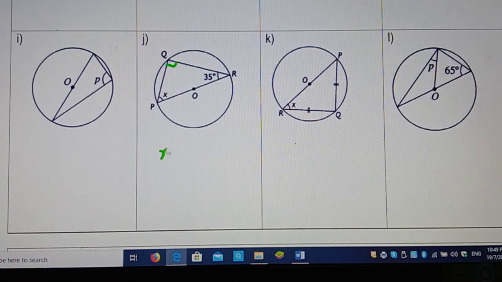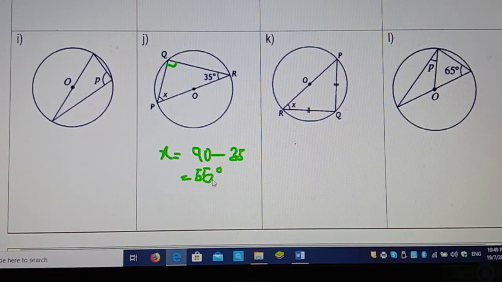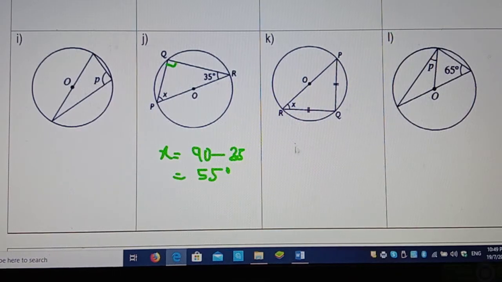So x equals 90 minus 35. So the answer is 55 degrees.